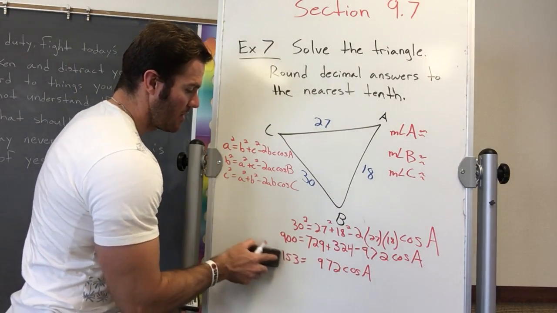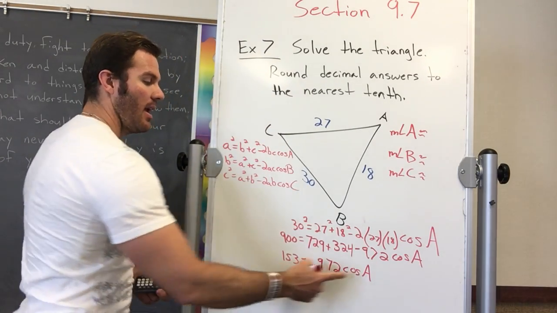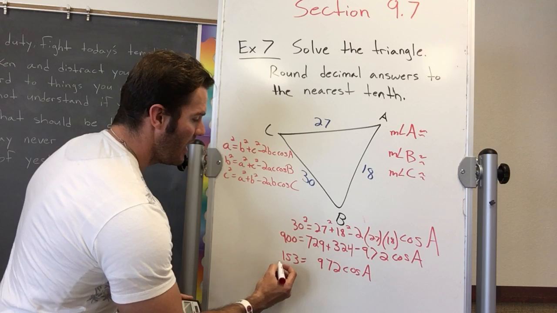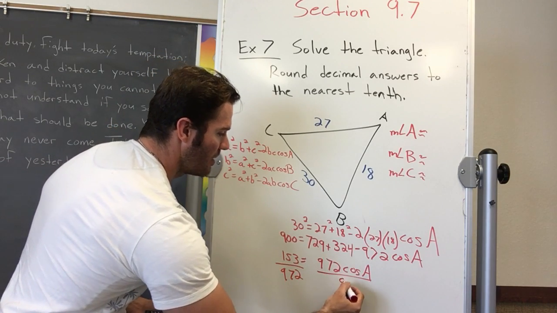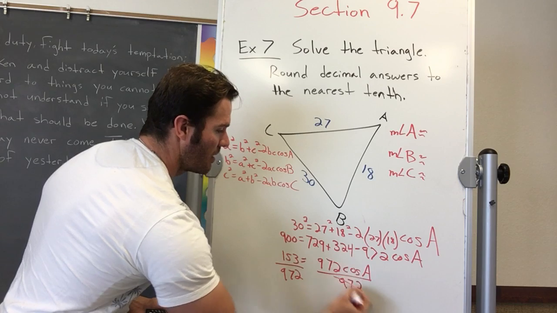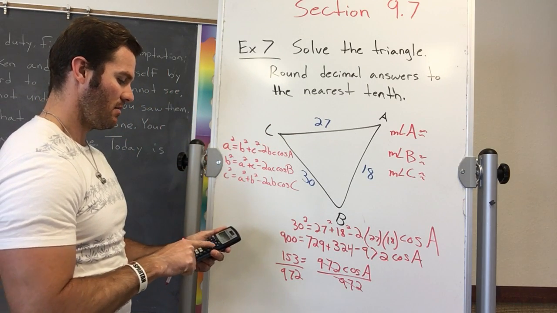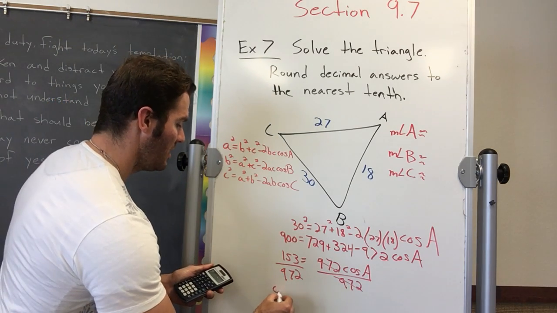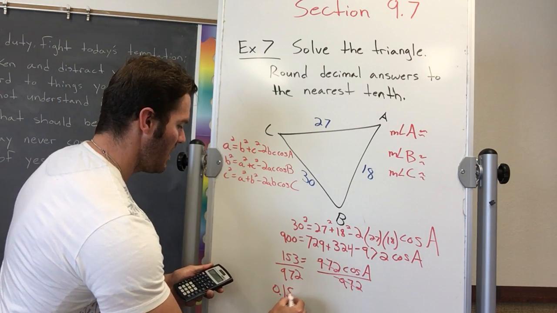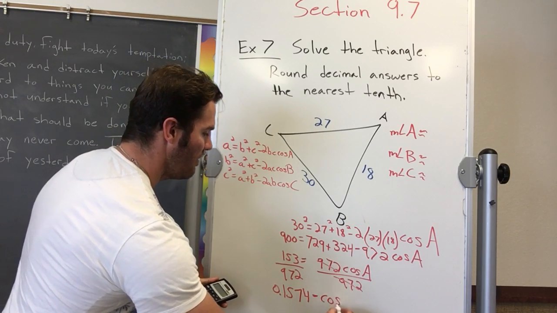Now I need to get A all by itself, so we divide by 972. 153 divided by 972 is going to be 0.1574 equals cosine of A.